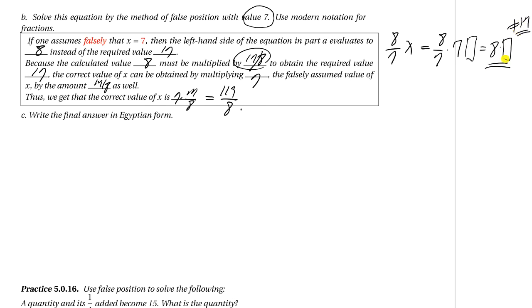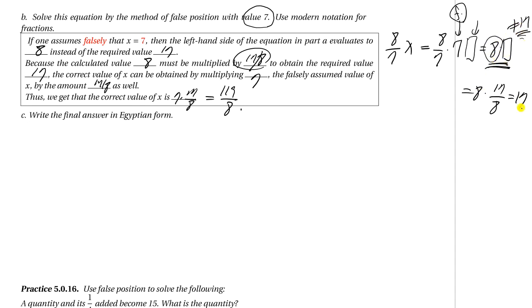This is not 17. So let's just multiply 17 over 8 to make 70, right? Because that is a false assumption, we need some correction of it, which we don't know yet. But after we got that result, looks like we got 8, right?